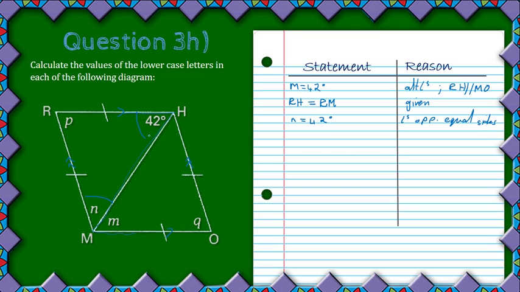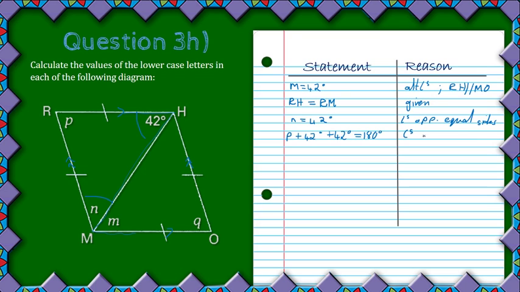Okay, and now finally we can solve for P. P is equal to, if we have three angles in a triangle with one unknown, easy to solve. We know that they add up to 180. We have P plus 42 degrees plus 42 degrees is equal to 180 degrees.